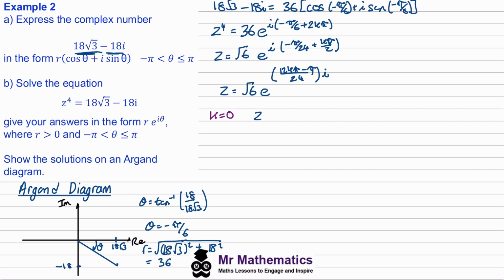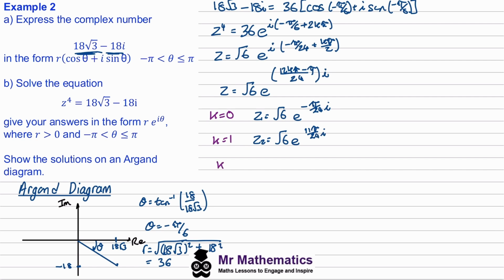Then our first solution will be root 6 e. This term will go, and we'll get negative pi over 24 i. If we let k equal 1, our second solution will get the 12 pi take away pi, so 11 pi over 24 i.